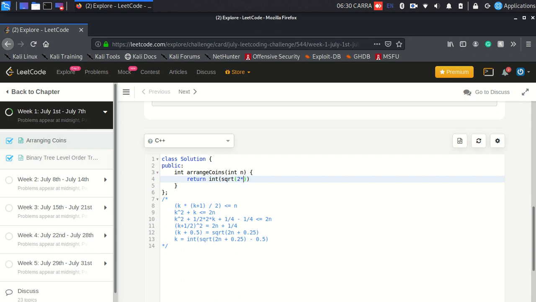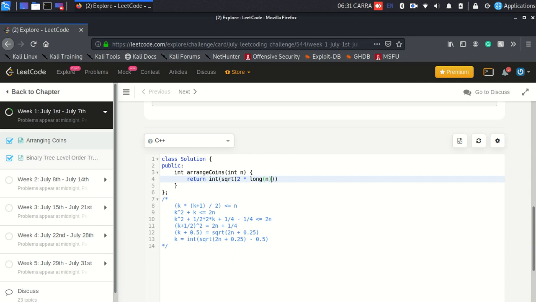Now one thing you need to keep in mind, 2 into n can exceed the maximum integer range, right? To combat that, I'll be using long of n, because the maximum integer is 2 to the power 32, and long is more, correct?